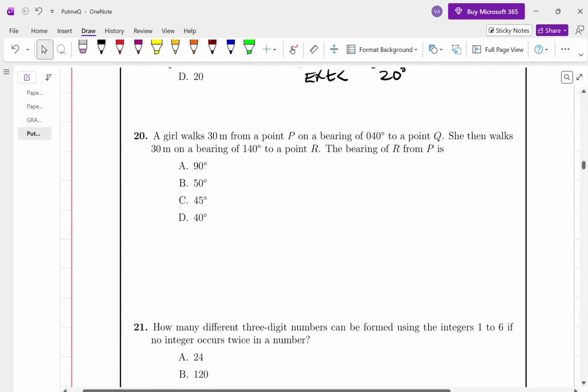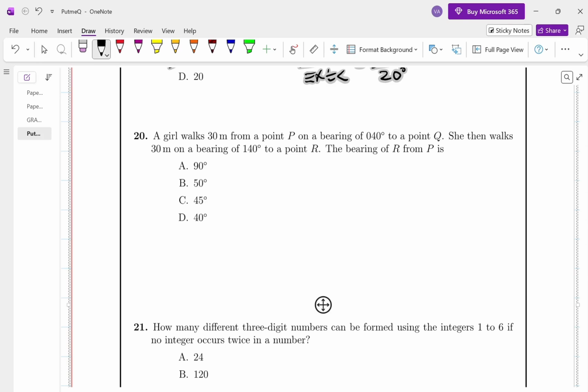A girl walks 30 meters from point P, on a bearing of 40 degrees to a point Q. Okay, let me kind of make a diagram about this. So let me put P somewhere here. Oh no, that's too small. Okay, so this is what we have.